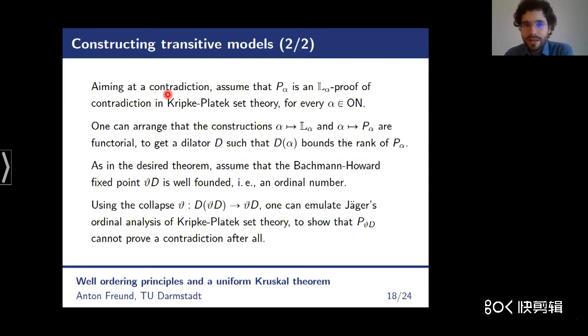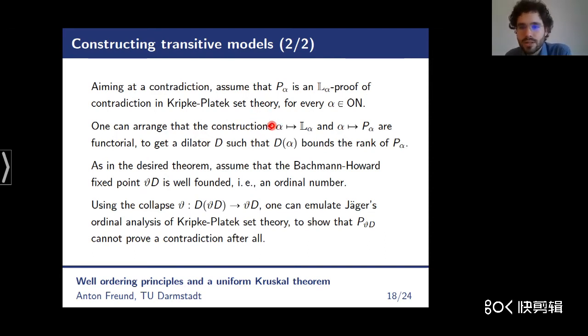So aiming at a contradiction, assume that we have an L alpha proof of contradiction for every ordinal alpha, and I want to call these proofs of contradiction P alpha. And now, since we work with relators, and these are objects that come from category theory, we have to make our constructions functorial, but that can be done.